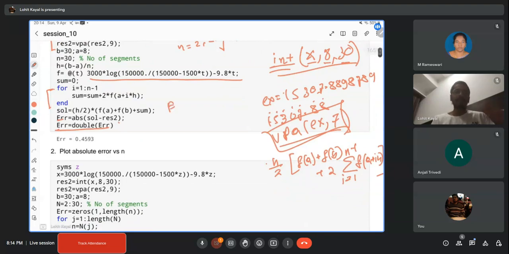Finally, when you run the code, err will appear as 1 cross 1 sym. It will appear as a symbol. Now if you want to get the numerical value of it, just use this command double. It will convert the symbol to a number. So what is the answer? The answer is 0.4593. So this is your answer.